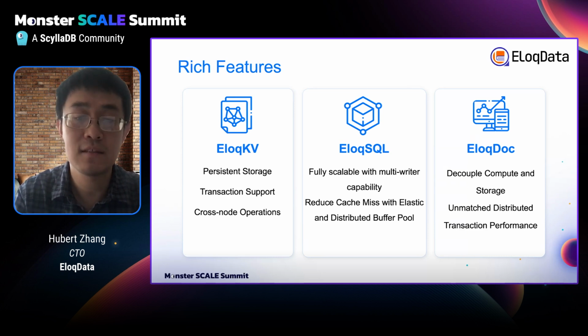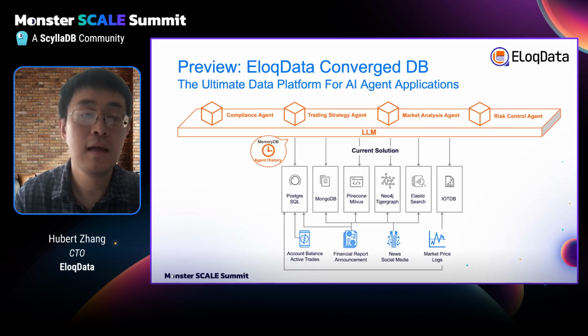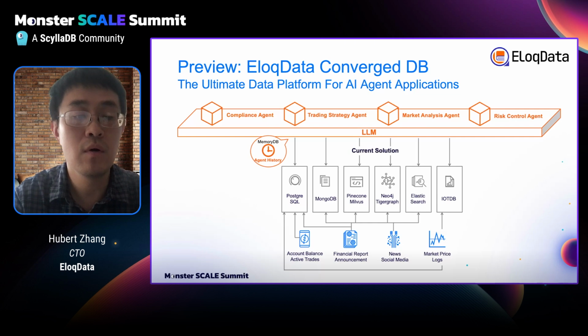So what's next? I will preview our Eloq ConvergeDB. But before that, I will first describe the AI problem. You know now it's the AI age. Here is an example of how to build a financial AI agent application. There are 4 agents.